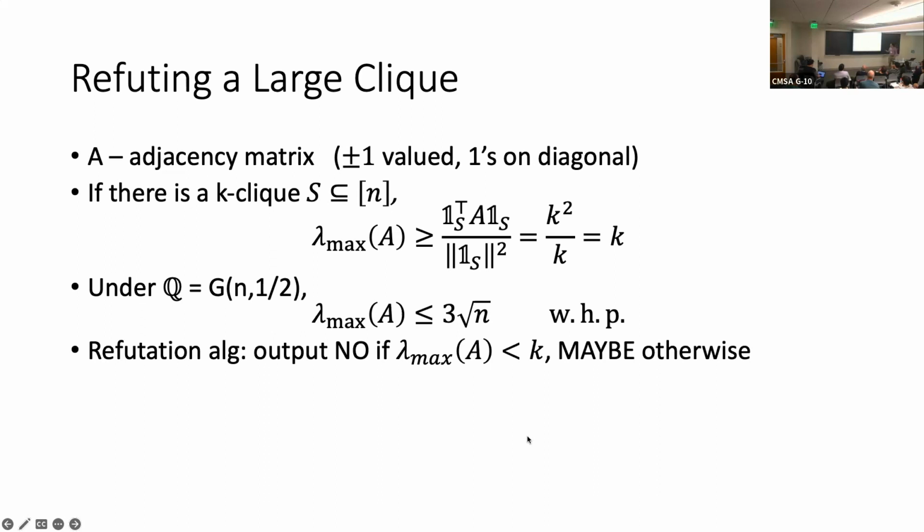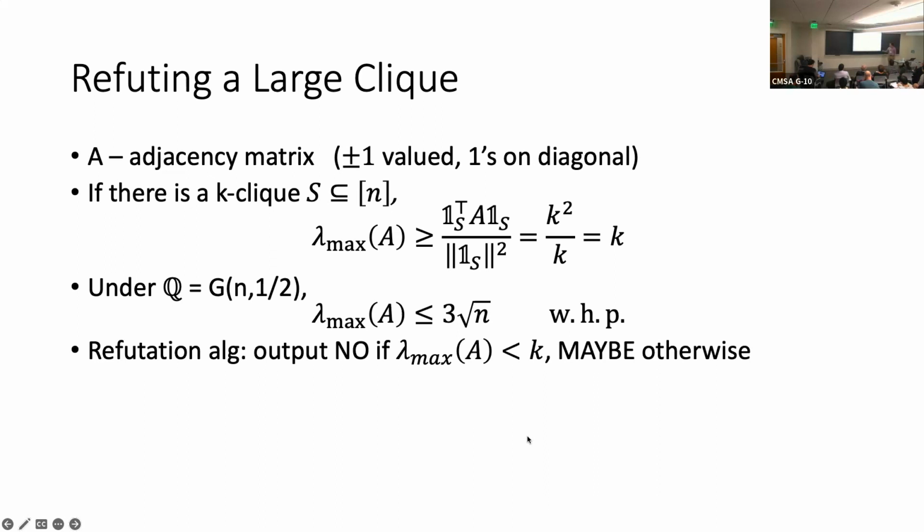What do I mean by this? Well, if you give me a particular graph, I compute the maximum eigenvalue, and I notice that it's smaller than k, then I definitely know that this particular graph does not have a k-clique, right? Because if it had a k-clique, the value would have to be bigger than k.